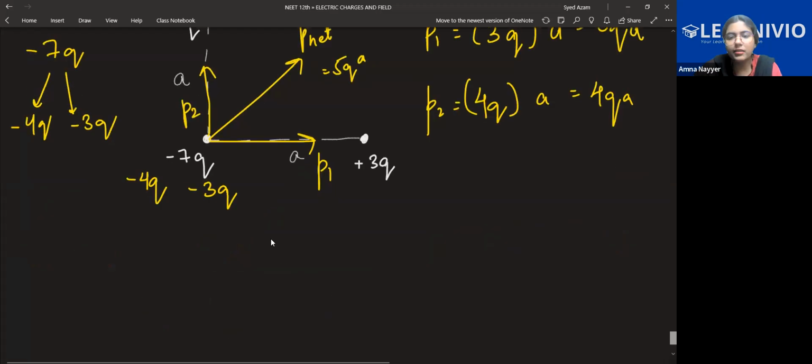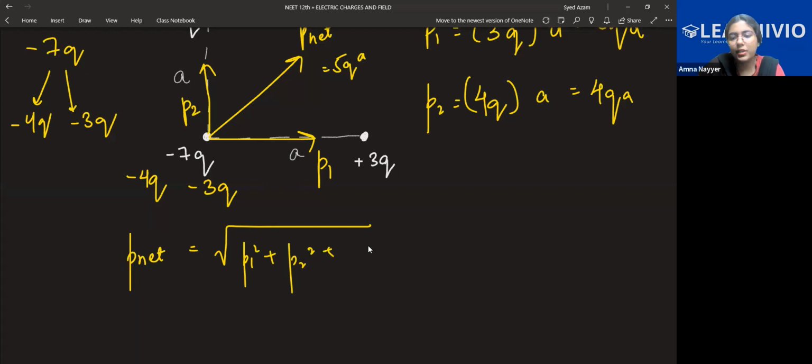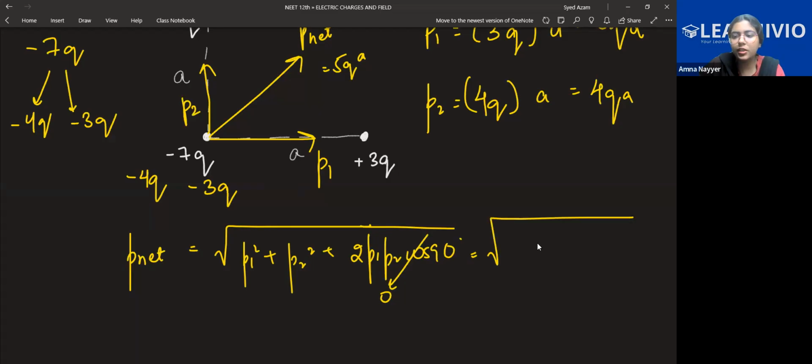How can you use this whole thing? You can use the parallelogram law. But see class, this is cos 90, so it will be P1 square plus P2 square. When you write 2 P1 P2 cos 90 degree, this term will be 0. And this will be under root 3QA whole square plus 4QA whole square.